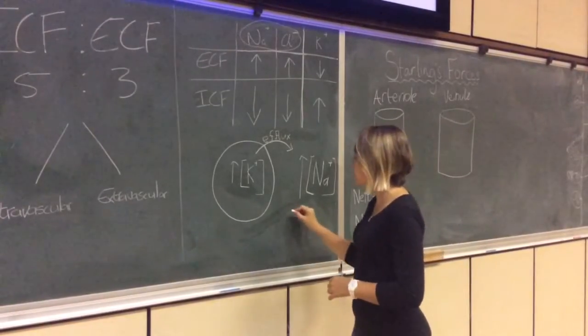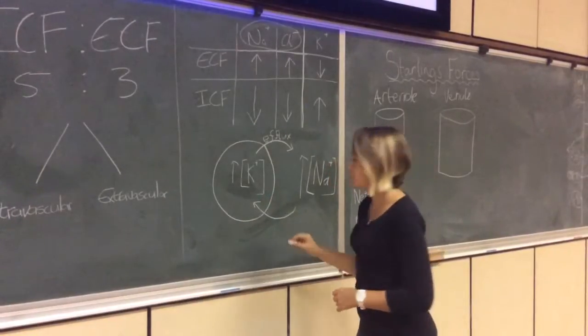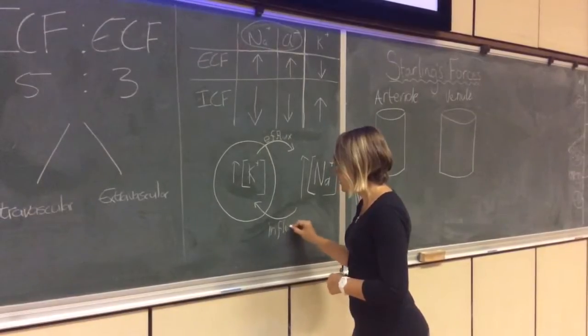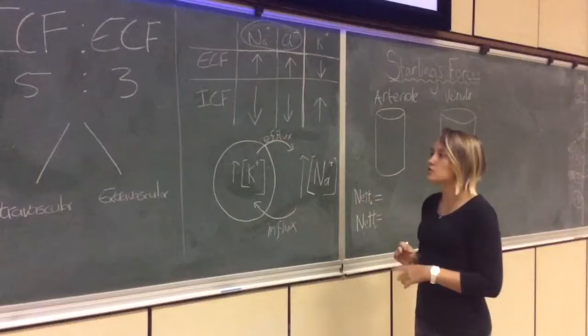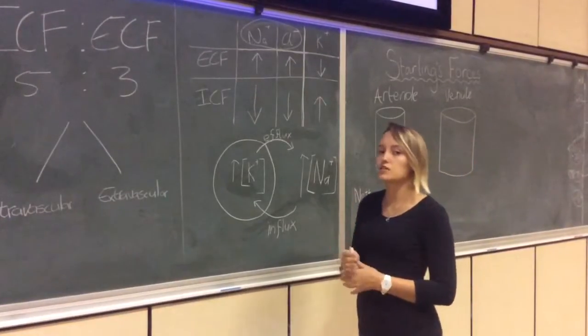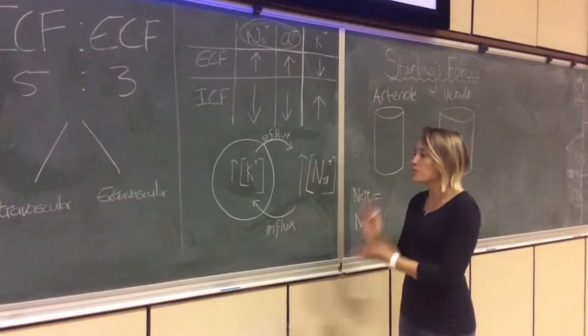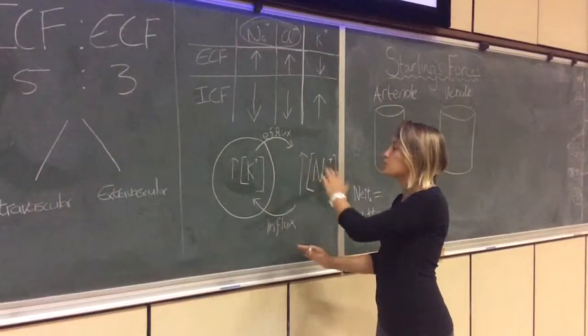And when something is moving into a cell, we call that influx. Now the means by which these ions move is just your simple leak channels, but we'll discuss channels a bit more just now.